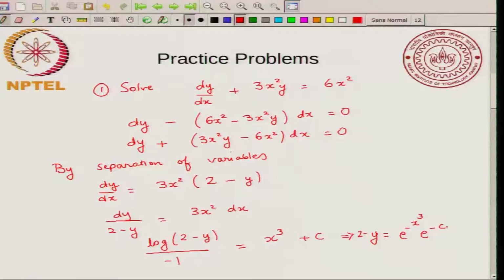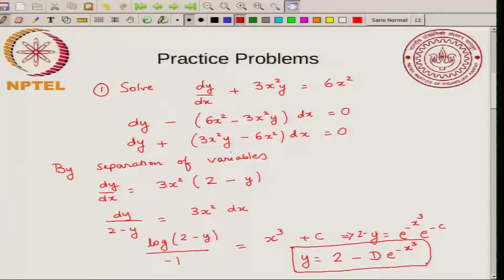And now I can write y is equal to 2 minus e raised to minus c, which I can just call some constant d, times e raised to minus x cube. So, this is the solution. You can solve this differential equation just by separation of variables.